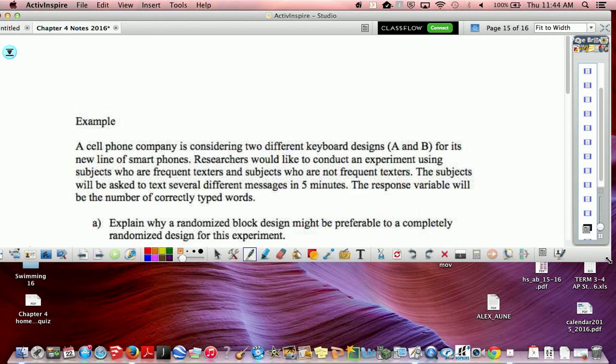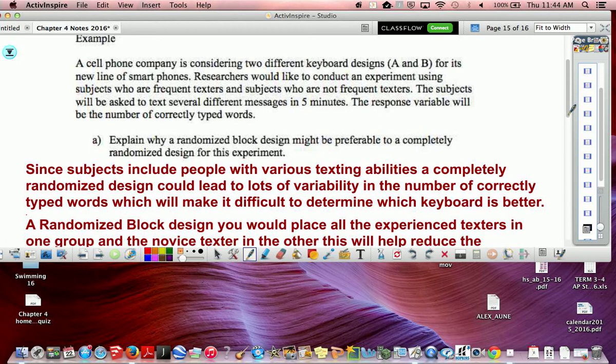Would people who are good at texting versus not good at texting have different responses to the number of words they type in correctly? Yeah, very much so. So the randomized block design is going to help you separate the 2 groups so that those results aren't confounded or mixed in with your results.